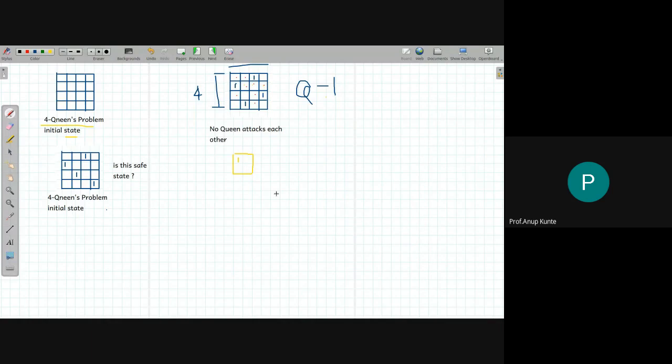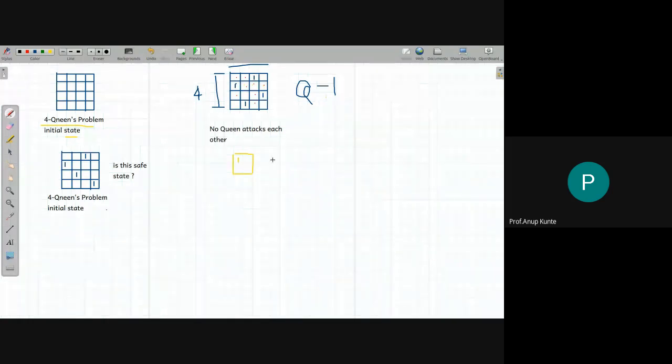I can't place 2 queens on a 2 cross 2 chessboard such that they won't attack each other. If I go to 3 cross 3, you can explore it and figure out whether there is a solution for a 3 cross 3 chessboard for placement of queens.